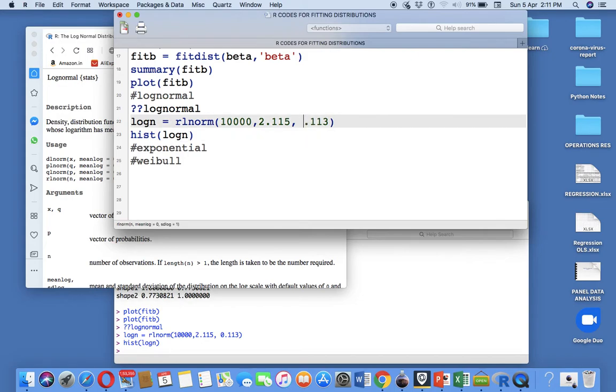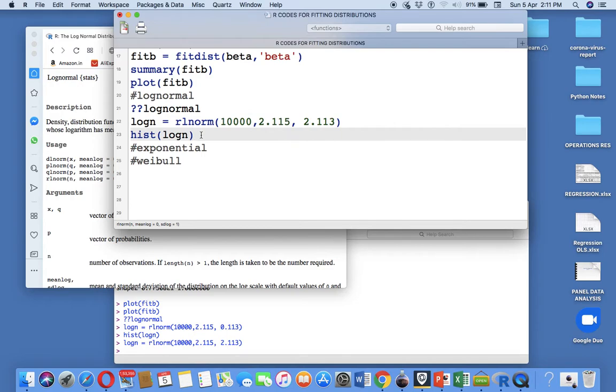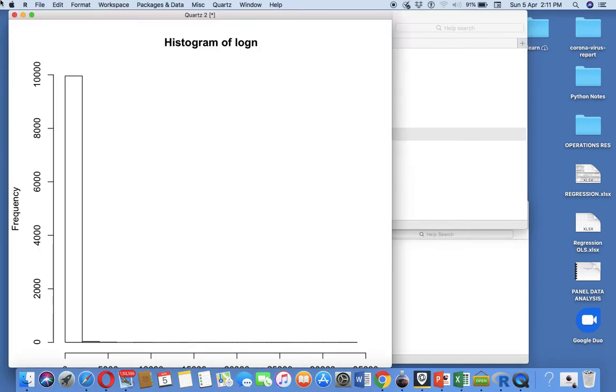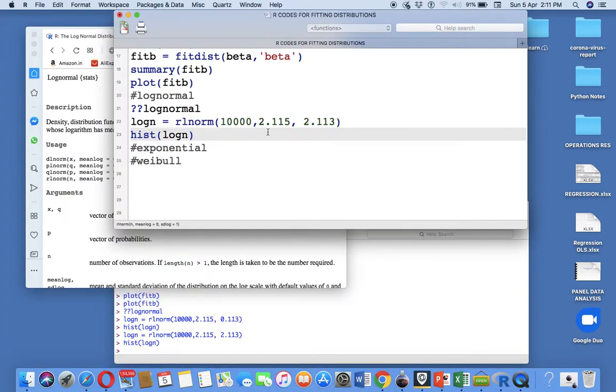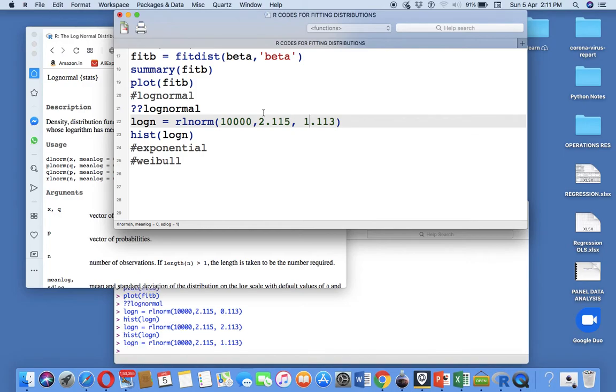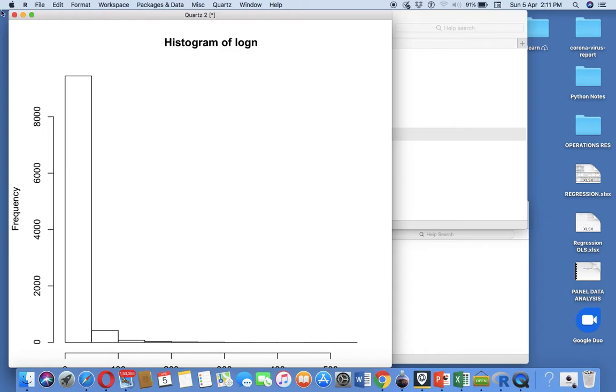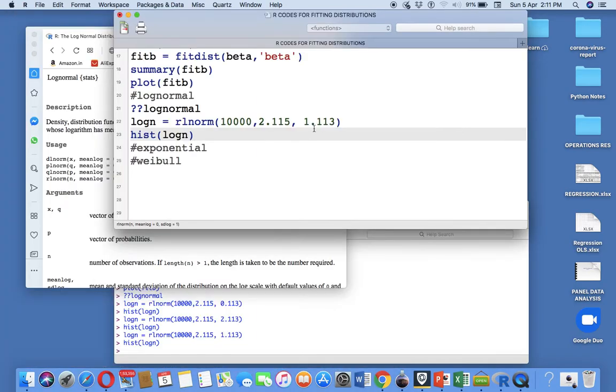If I make this 2 point something and get the distribution, you must keep experimenting like this and try to let it become very, very skewed. So I'll put it as 1.3. You must experiment with what the distribution does. Play a little with it. Okay, that's also very, very skewed.